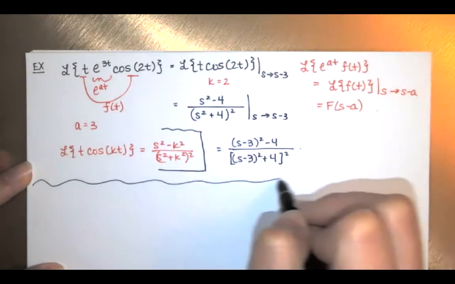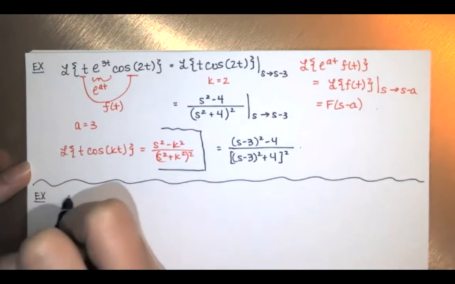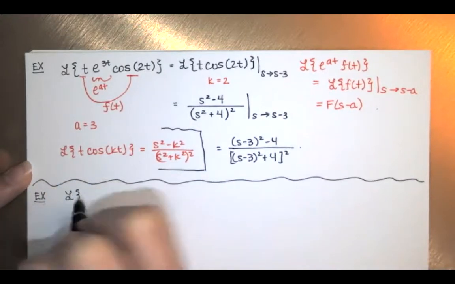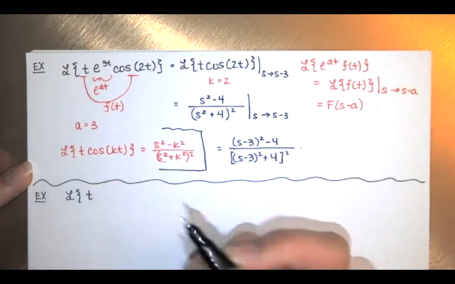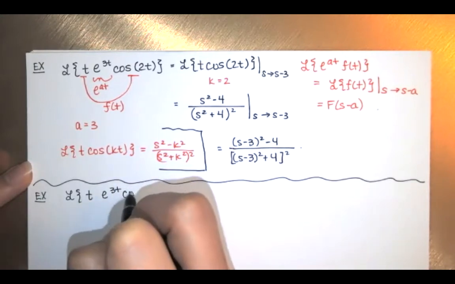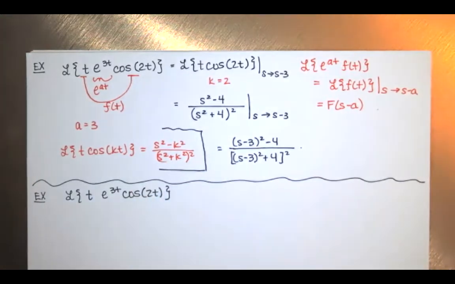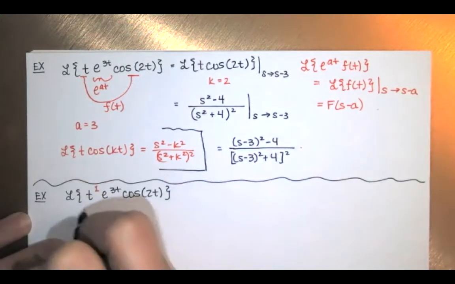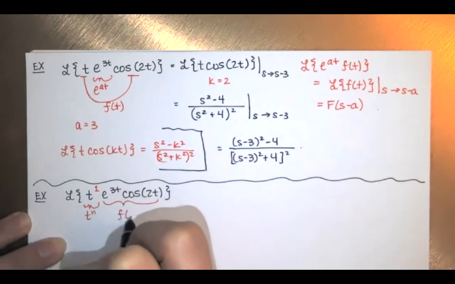Let's show that we get the same result using the other theorem. So now rather than looking at this as e to the at times f of t, I want to think of this as t to the first times f of t. So this is t to the n times f of t.